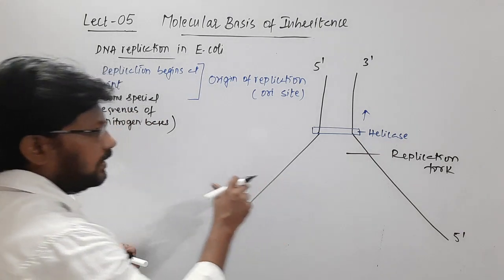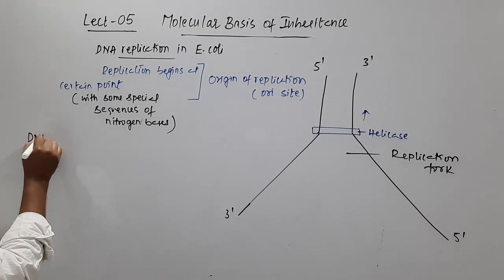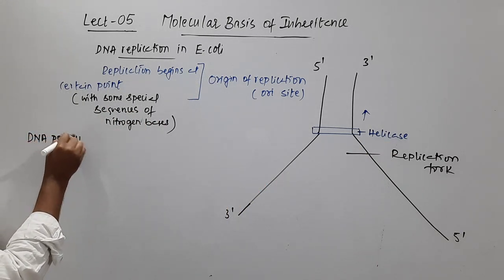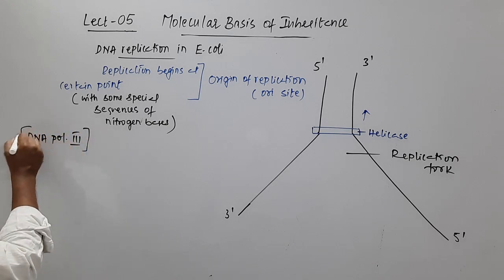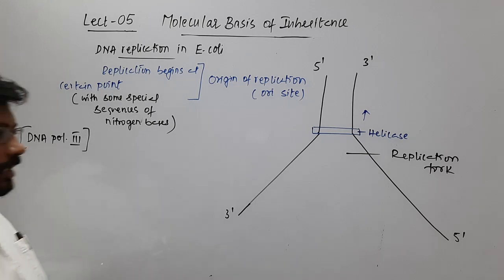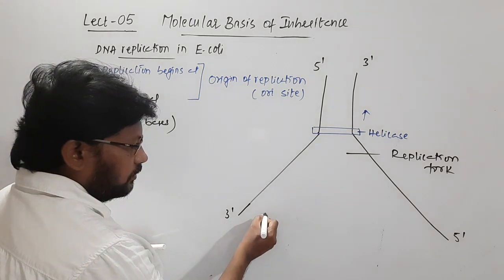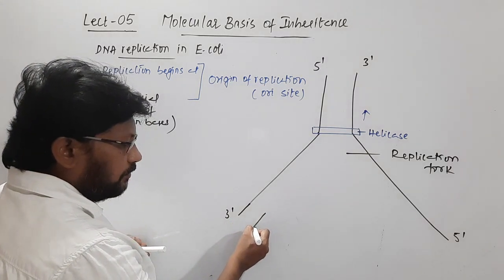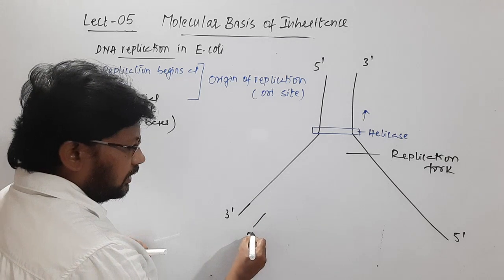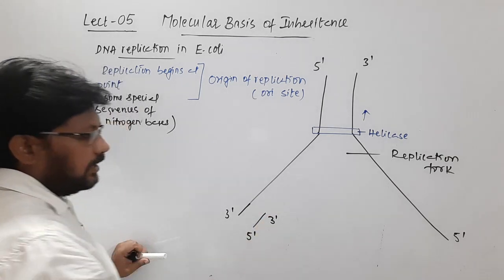I told you the problem with DNA polymerase 3, that it cannot start a new strand on its own, hence a primer needs to be synthesized. Say suppose this is the end here. If the primer is going to form here, this will be the 5 dash, and this one will be the 3 dash.